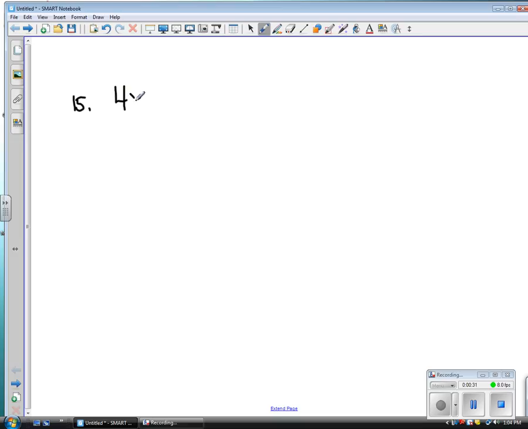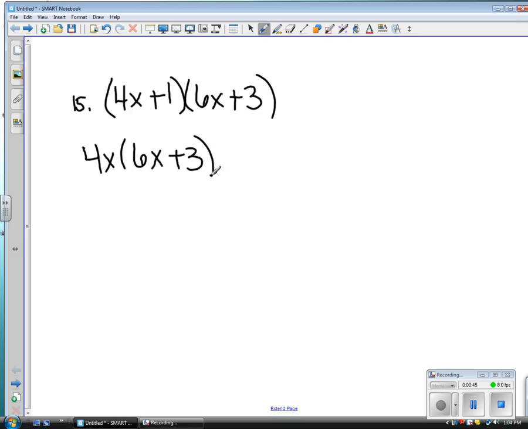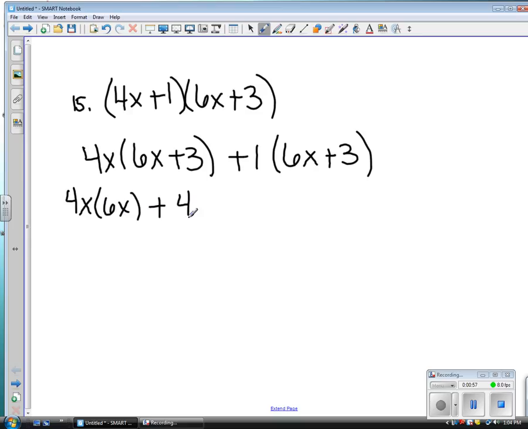15 said 4x plus 1 and 6x plus 3. If you want to write it out in expanded form first, you could write 4x times 6x plus 3, plus 1 times 6x plus 3. Then, again, you could write it in expanded form by 4x times 6x plus 4x times 3, plus 1 times 6x plus 1 times 3.